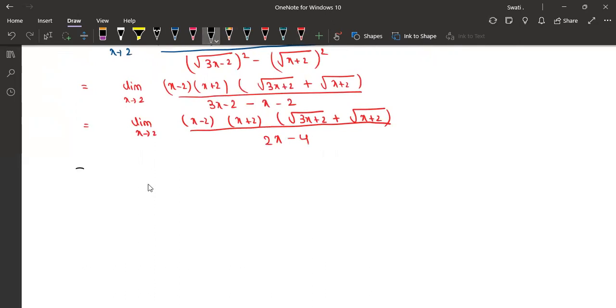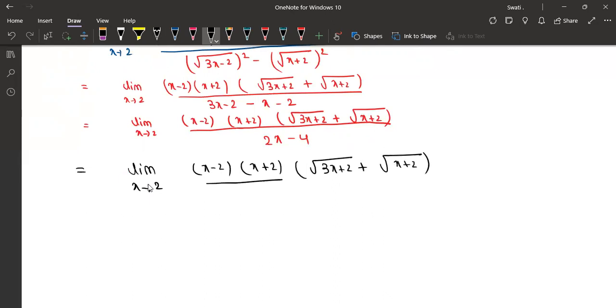Now, after this, I'm simply going to take 2 common from the denominator, otherwise writing the rest of the terms in the numerator as it is. So, root 3x plus 2 plus root x plus 2.